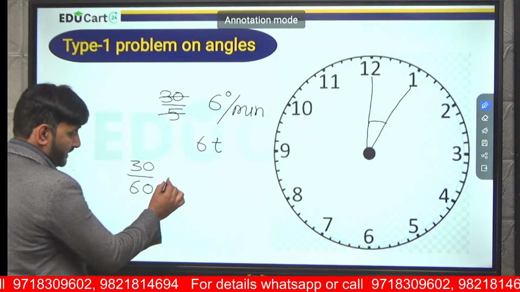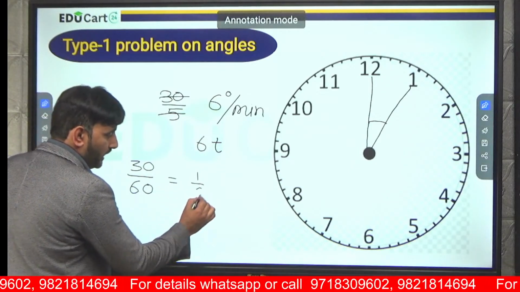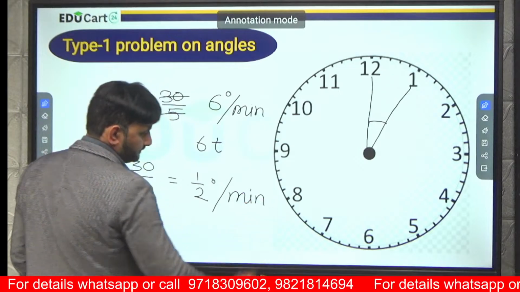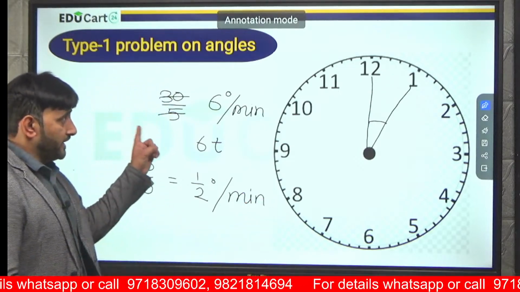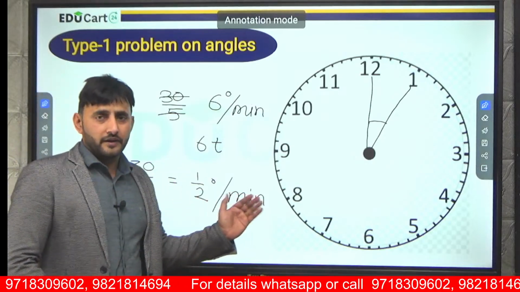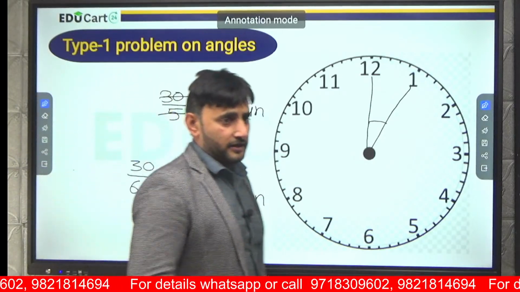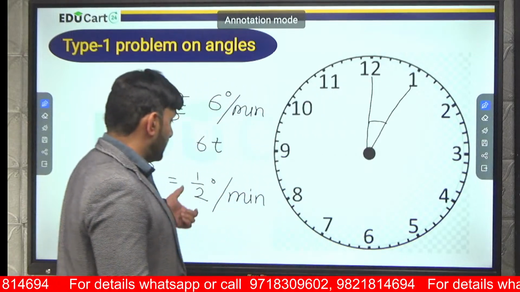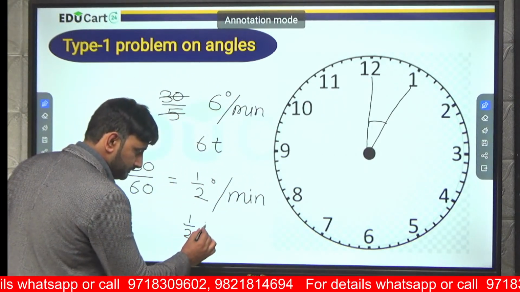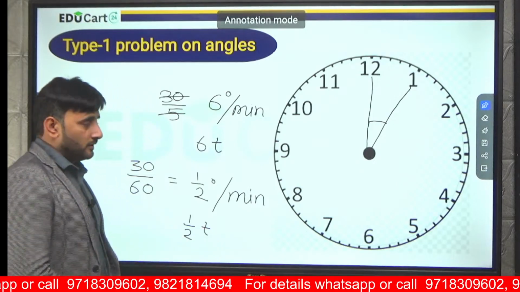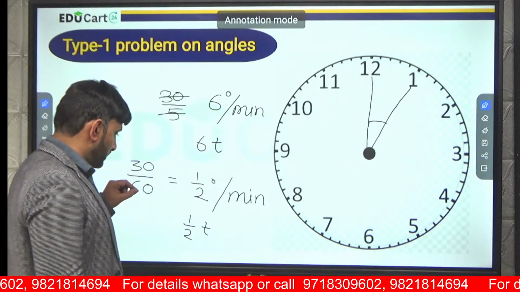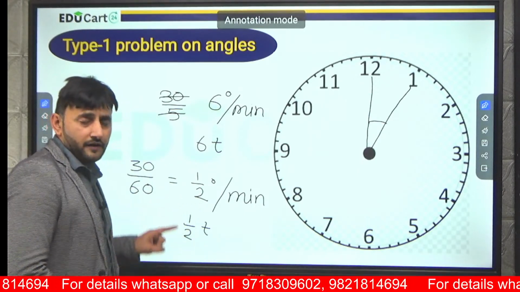So hour hand can cover only half degree in 1 minute. Minute hand can cover 6 degrees per minute. Hour hand can cover half degree per minute. I hope it is clear till here. Fine. So in t minutes, hour hand will cover how much angle? Half t. In t minutes, minute hand will cover 6t angle and the hour hand will cover half t angle.